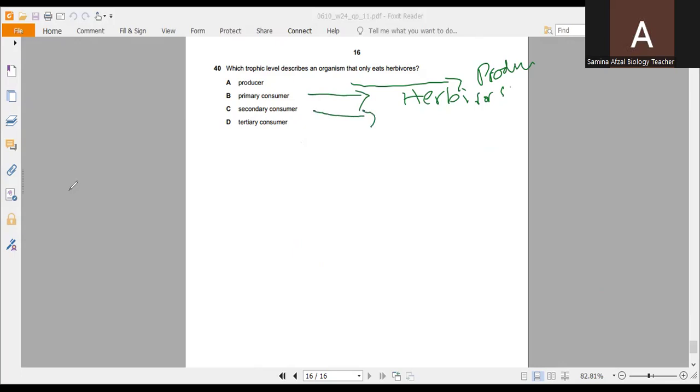Secondary consumers which eat the herbivores. And tertiary consumers which can eat both primary or secondary consumers. So D is not correct option, B is not correct option, A is not correct option. Only C is the correct option. That is, the secondary consumers are those organisms which only eat herbivores.